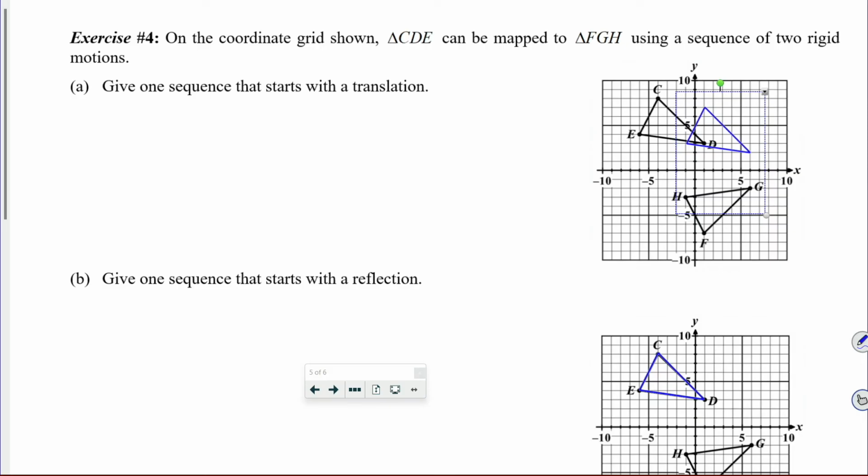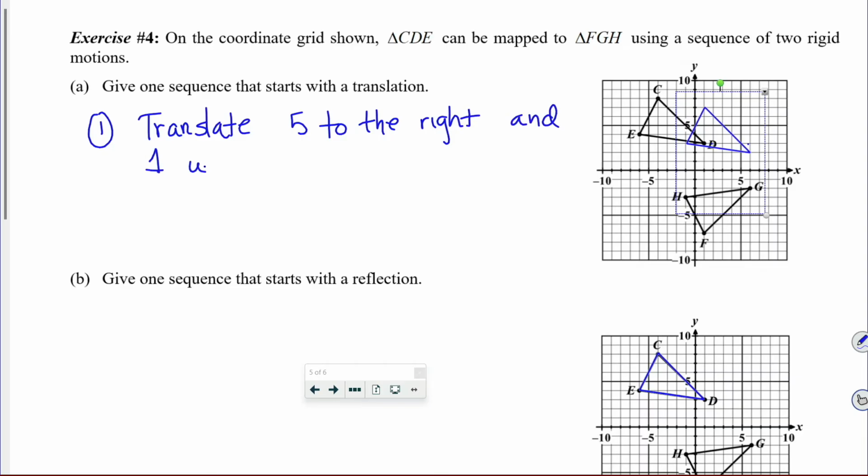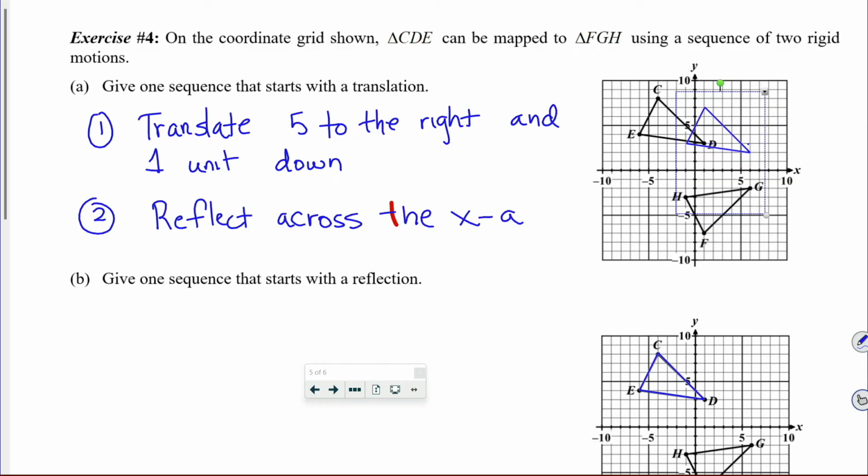Well, if I track point D, I'm going to go 1, 2, 3, 4, 5 to the right and down 1. So I'm going to translate 5 to the right and 1 unit down. And then the second thing I'm going to do is reflect across the x-axis.